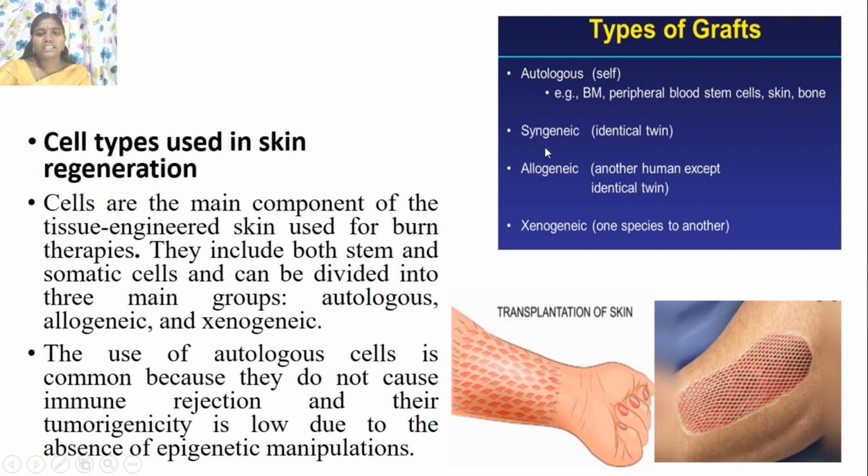That is, syngenic, identical twin; allogenic, another human except the identical twin; and xenogenic, one species to another. The use of autologous cells is common because they do not cause immune rejection, and their tumorigenicity is low due to the absence of epigenetic manipulation. This picture shows how skin transplantation is done in the affected region.